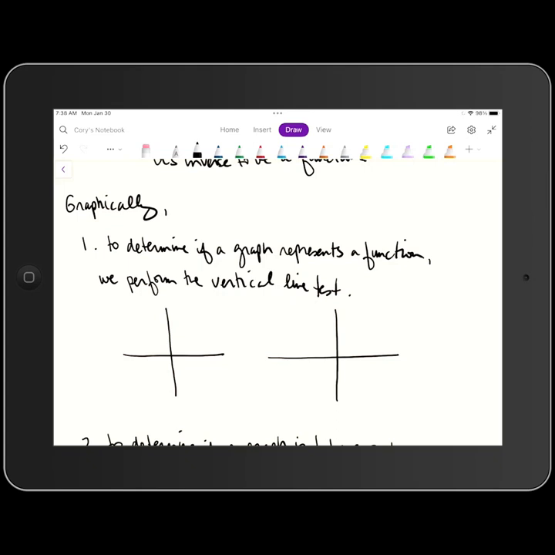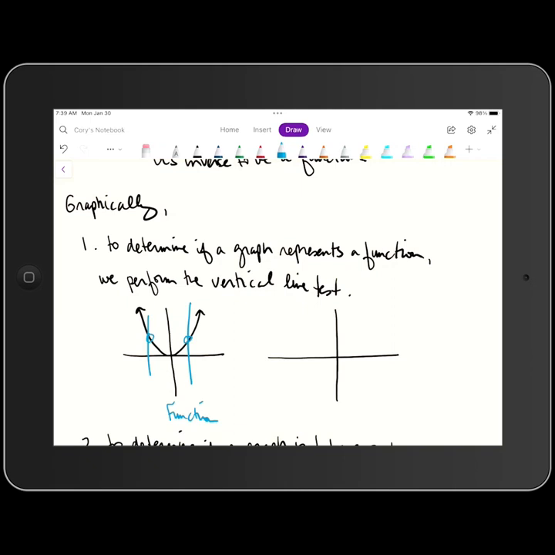An example of a graph representing a function is if we take the graph of the function y is equal to x squared. That's a parabola opening up. No matter where we draw our vertical line, that vertical line is only going to intersect the graph in one point. So this right here is going to be a function.